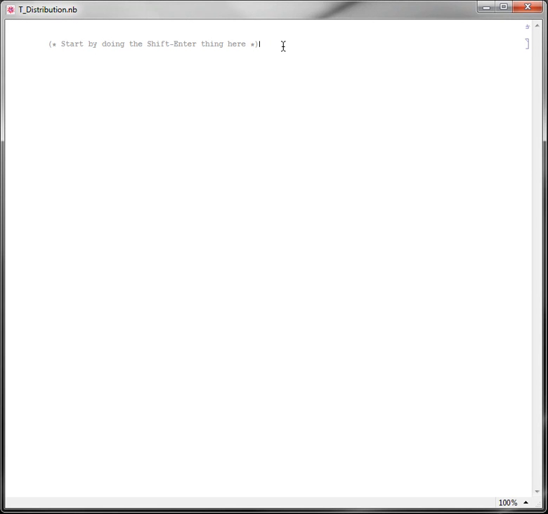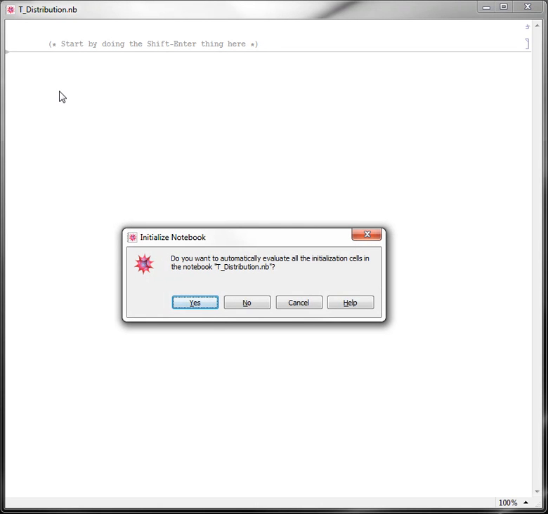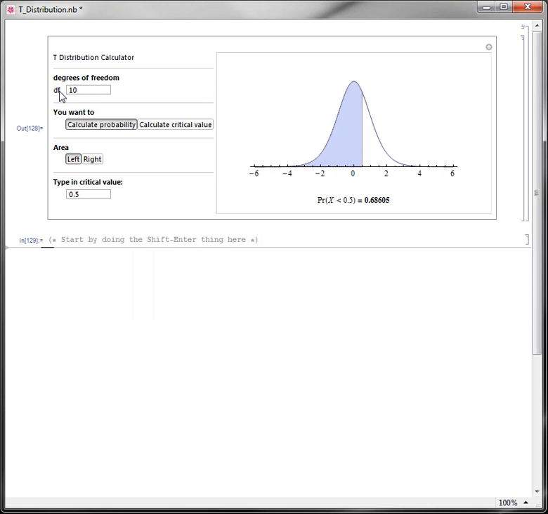If you left click in this cell so that your cursor is blinking in that cell, and you press Shift Enter, and answer this question by pressing enter again, answer the question yes, then Mathematica will generate a student t-distribution calculator for you.